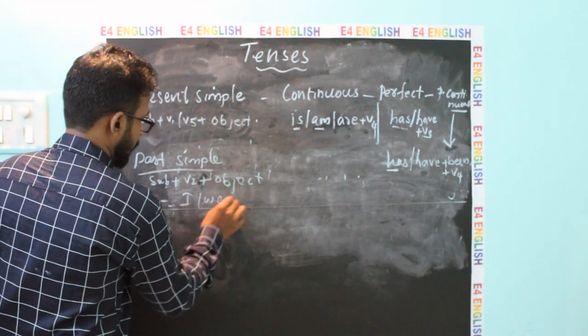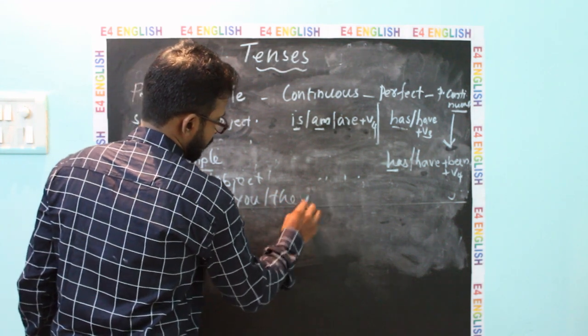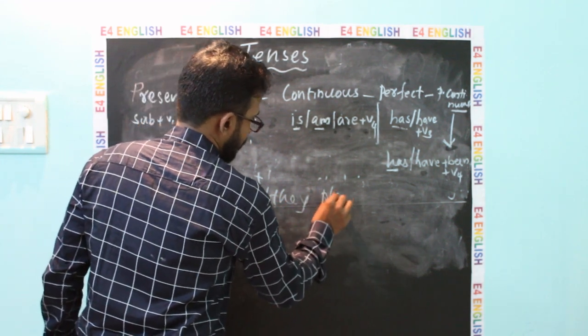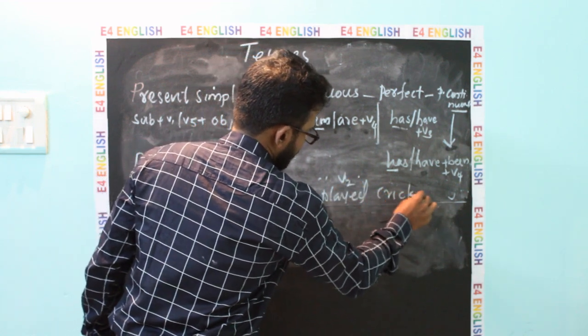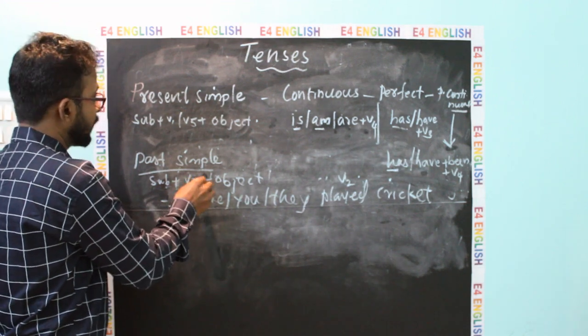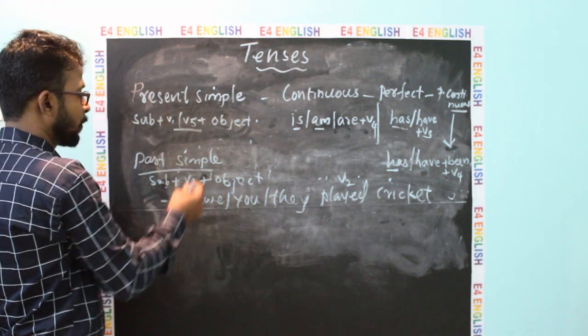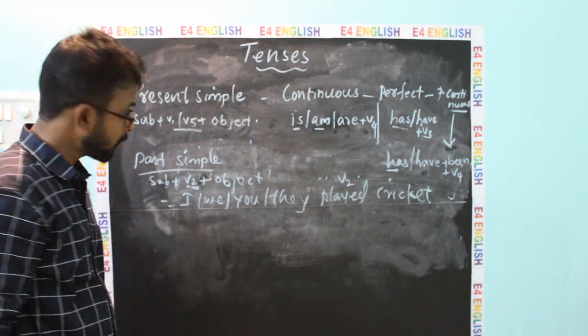They played cricket. Right. So here only the past form. Present form is V1 or V5. Right. These all are present forms. So here directly the V2 form of the verb.